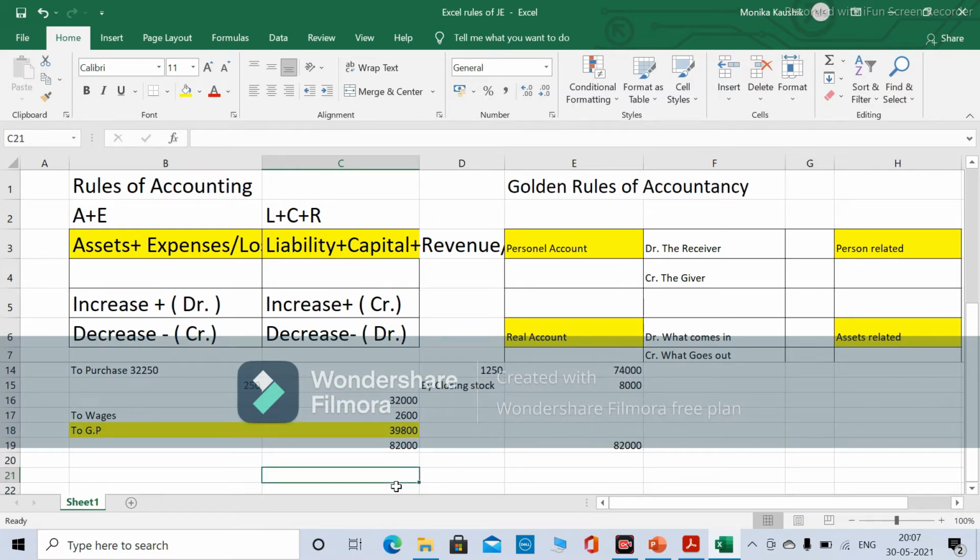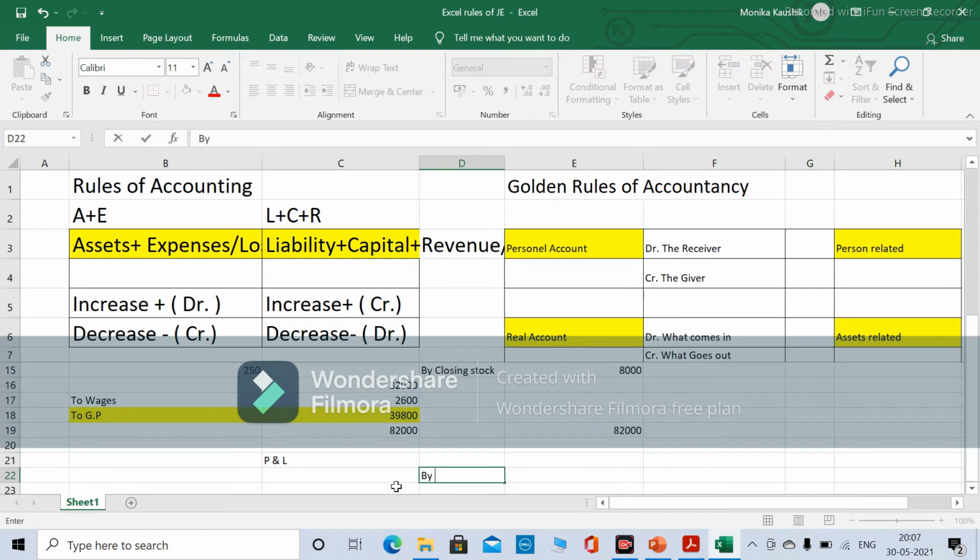To find out the operating profit, we'll have to prepare the profit and loss account. The procedure would be the same. We will have to bring forward this gross profit, GP. Here the amount is 39,800.